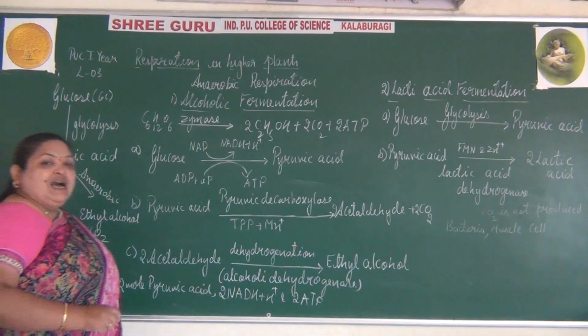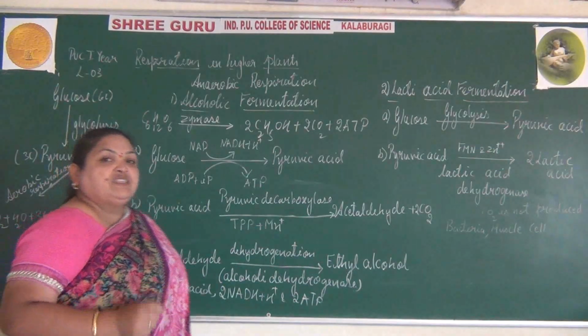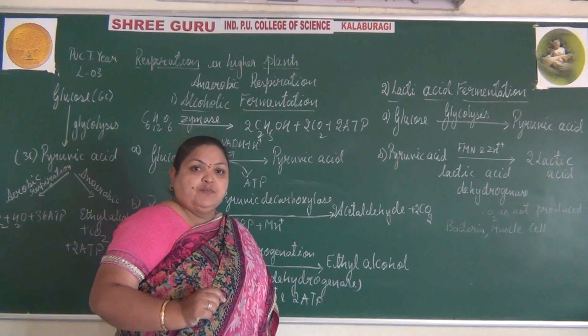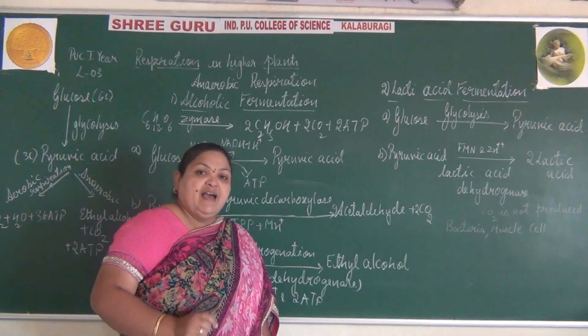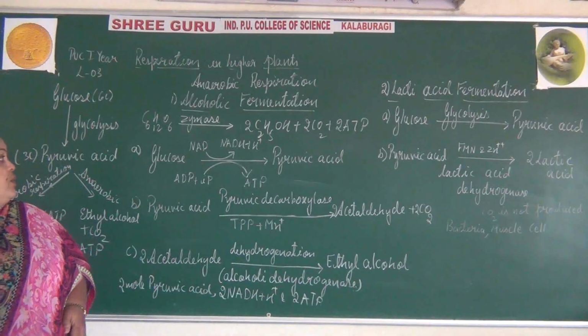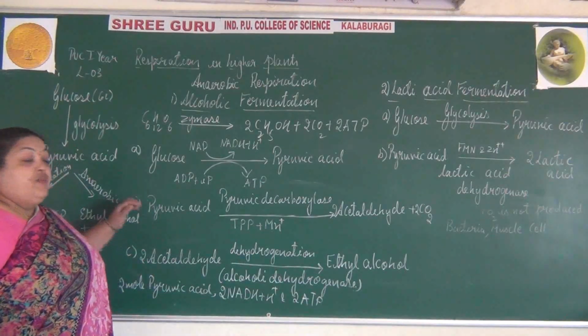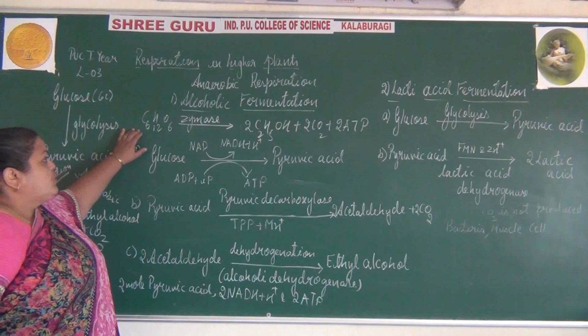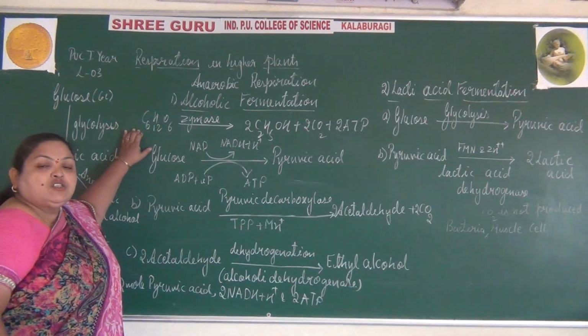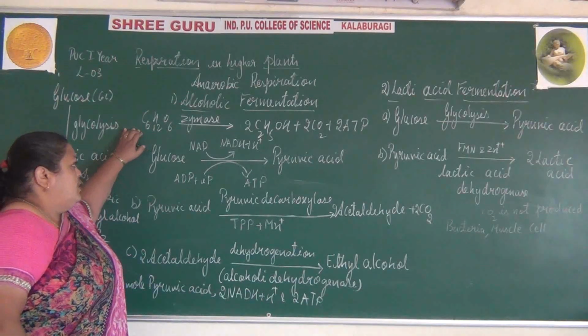This process occurs in the extracellular region of the yeast cells, especially the yeast fungi, which have a specific enzyme called zymase, which converts the glucose into ethyl alcohol with the formation of ATP molecules.